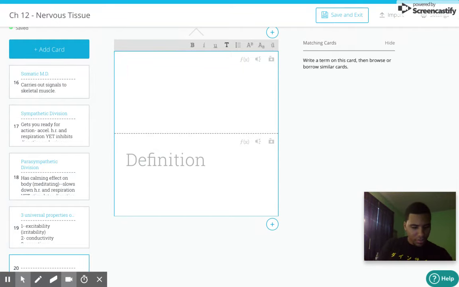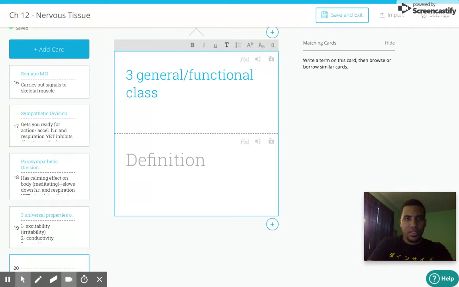Next we have 3 general or functional classes of neurons.